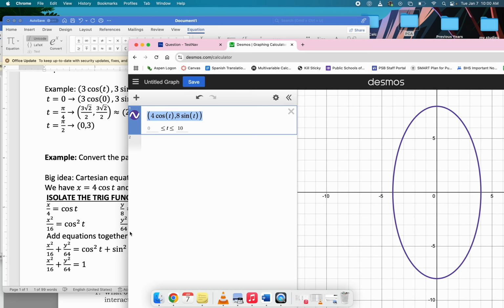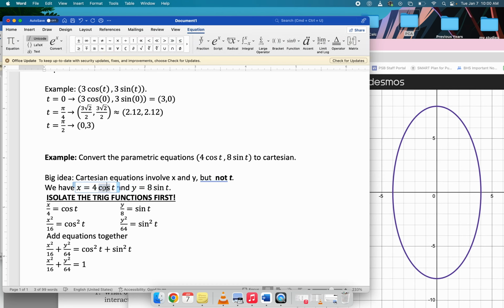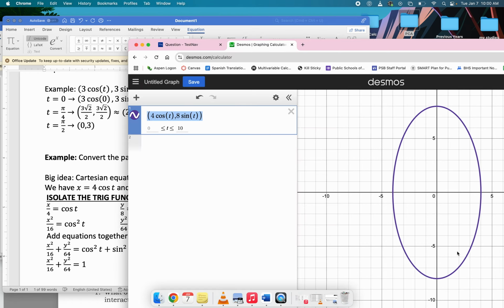So that's a little bit of a clue. I'm looking at a graph such that the x-coordinates go between positive and -4, and the y-coordinates go between positive and -8. This ellipse is not the only graph having that property, but it's not super surprising, right? I think when you think about it that way, the graph looks like this.